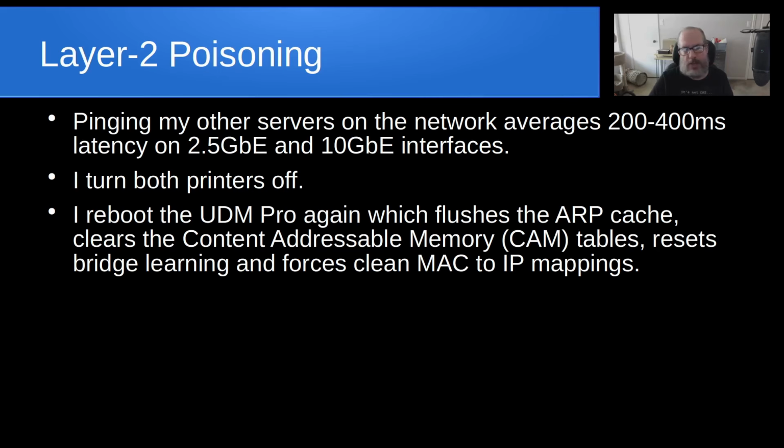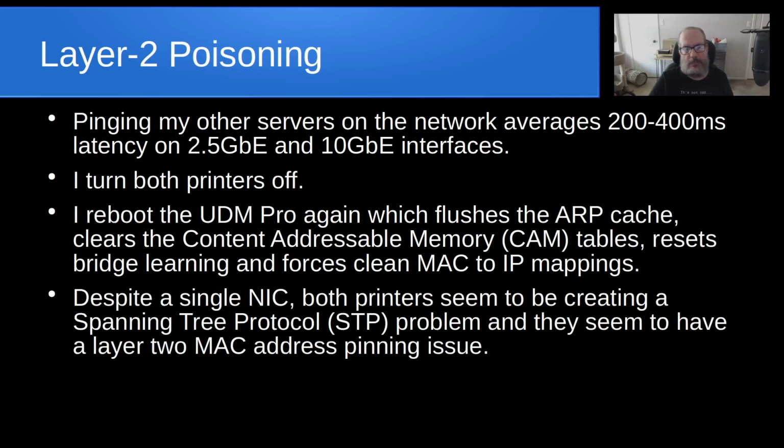and we have a wonderful, freshly booted network. So despite a single NIC, both printers seem to be creating a spanning tree protocol problem, and they seem to have a layer 2 MAC address pinning issue. How that is, I can't imagine, because they each have one NIC.